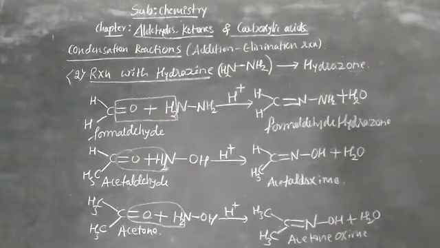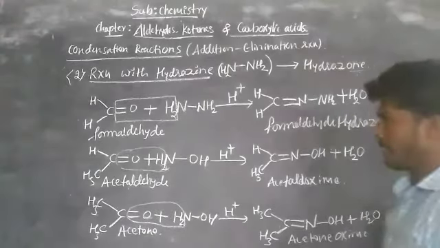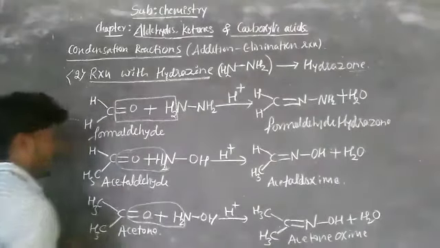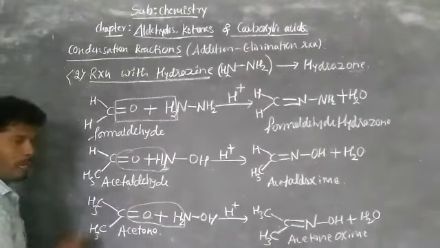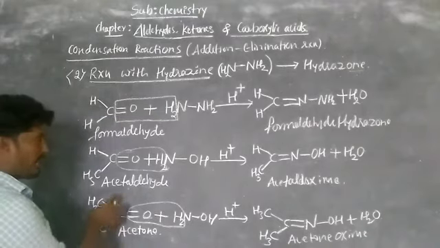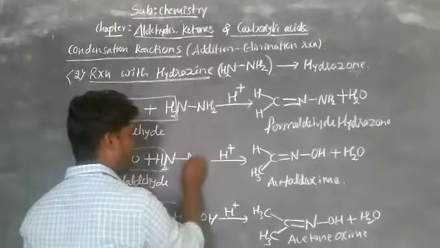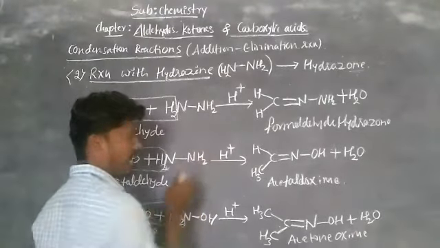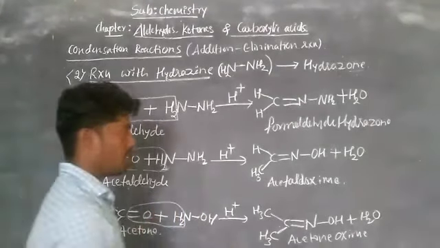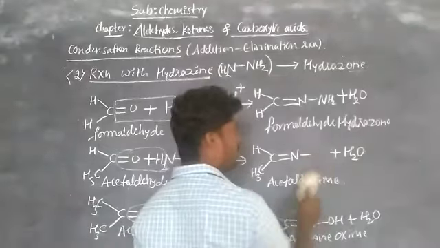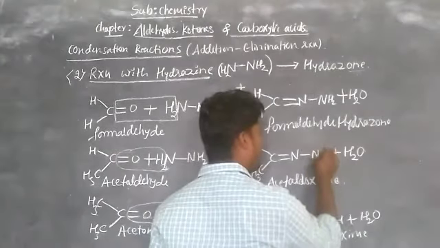Okay, see here. Acetaldehyde. Again, we are taking one more example for aldehydes. Acetaldehyde, just replace the O with NH2. Very easy, students. Here again, in place of O, we are writing NH2.